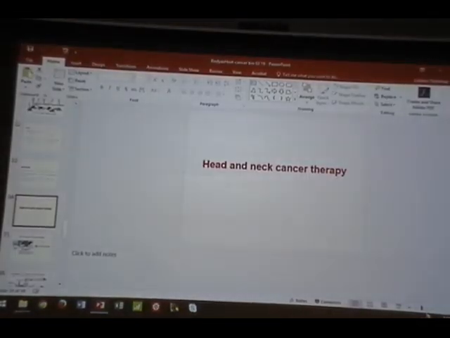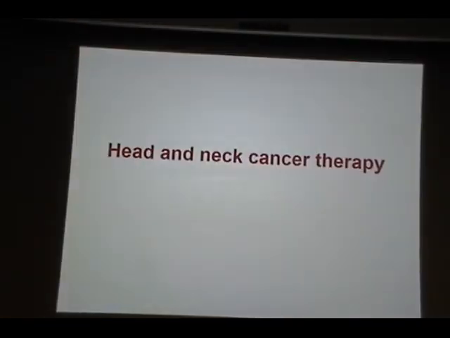So now I just want to switch to head and neck cancer therapy. I'm not talking about surgery, because the majority of those head and neck cancers can be removed by surgery, and the recovery is very good. So you can remove 99.9% of the cancer cells.